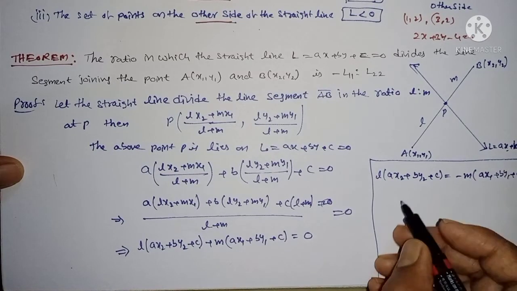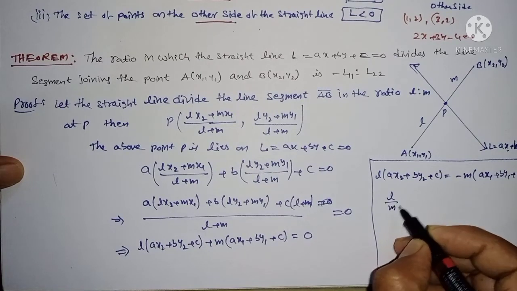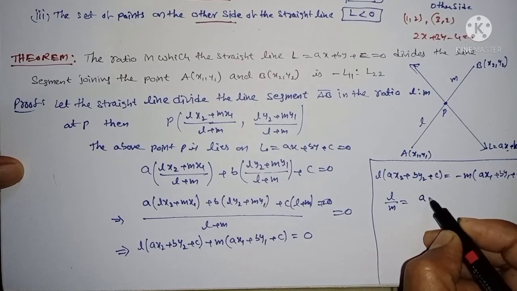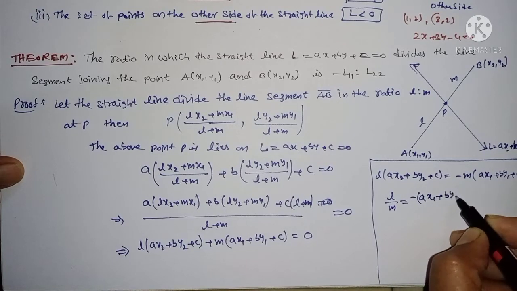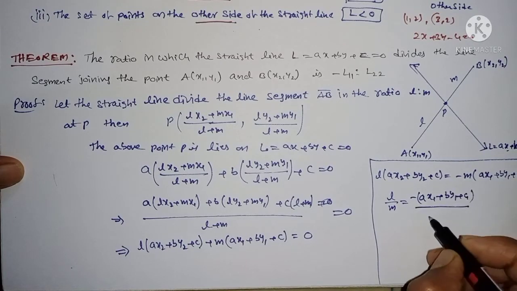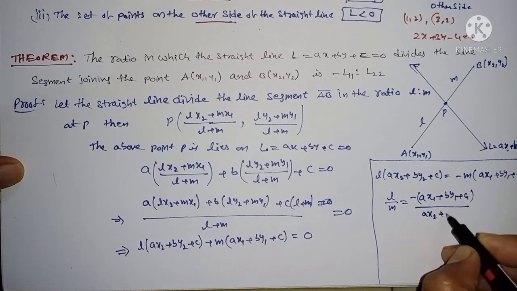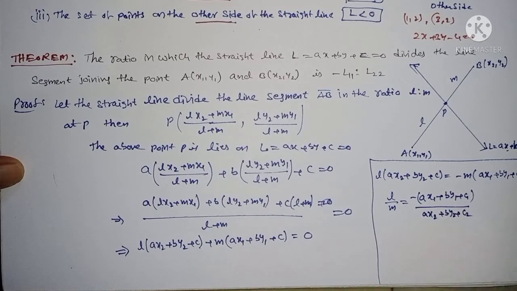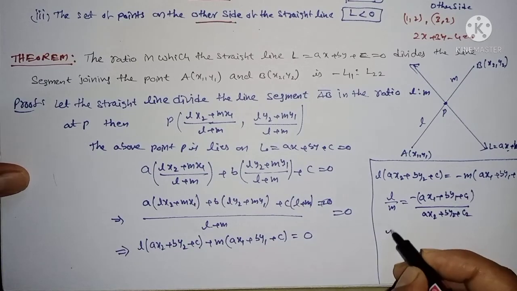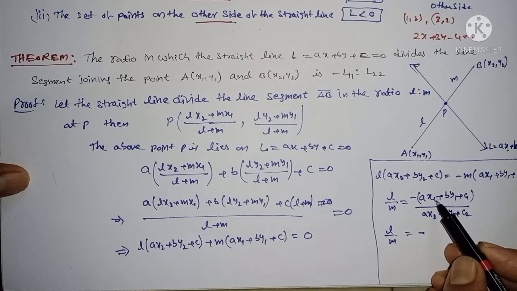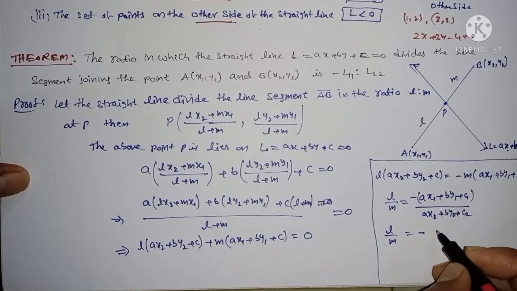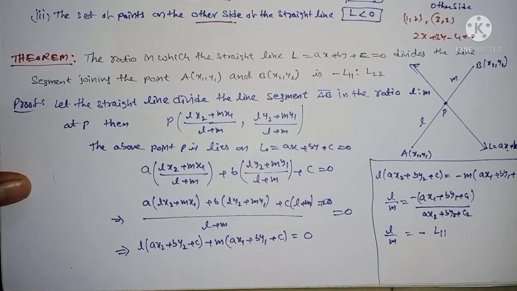Or L by M is equal to minus (Ax1 plus By1 plus C1) divided by (Ax2 plus By2 plus C2). This is a point x1, y1, therefore I can write L11, and this is x2, y2, therefore I can write L22.